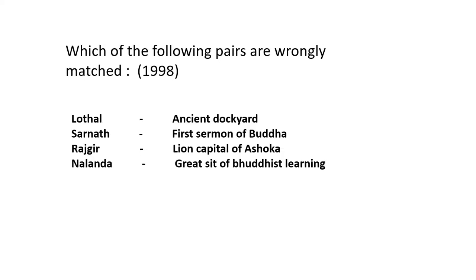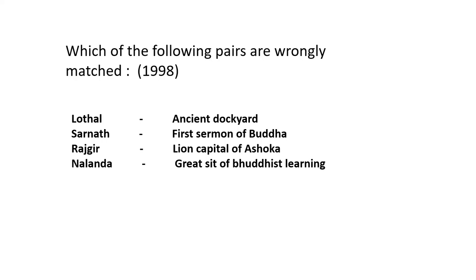Next question is, which one of the following pairs is wrongly matched? Lothal, ancient dockyard; Sarnath, first sermon of Buddha; Rajgir, lion capital of Ashoka; Nalanda, great Buddhist site of learning. So we can say that Lothal is an ancient dockyard of the Indus Valley civilization.